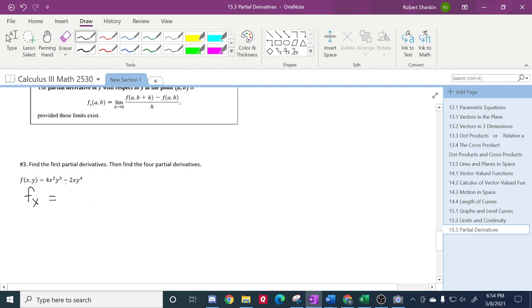The partial derivative with respect to x. When we're doing this, we have to hold the y constant. Now, when you hold the y constant, you can view it more like this.